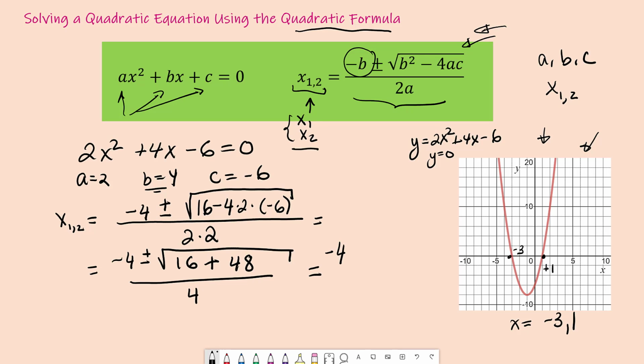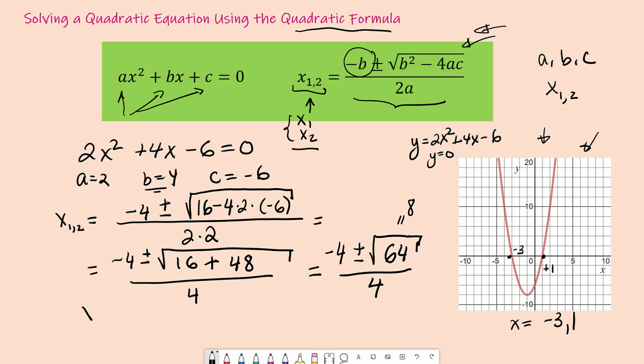We have negative 4 plus minus, and now in the square root, let's add. 16 plus 48 is 64, right? 6 plus 8 is 14. We add that to 40, that's 54, plus another 10, it's 64. Okay, and if you remember your square roots here, the square root of 64 is exactly 8.